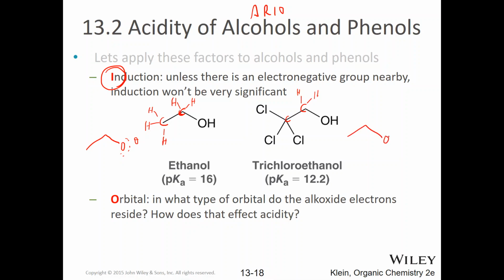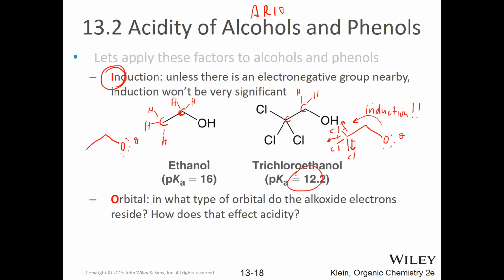What's going on here? Do you see electronegative groups here? Okay. So electronegative groups are electron withdrawing, right? Look at that. Electron withdrawing. And so they're drawing this negative charge that way. Do you see it? How big a deal is it?